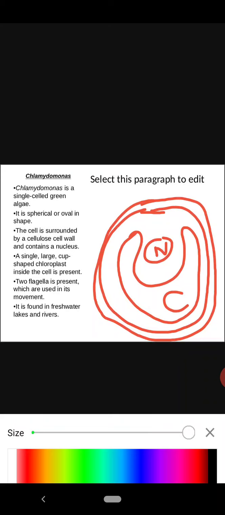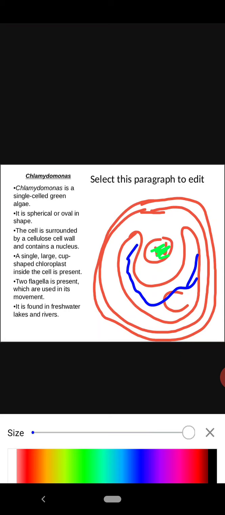Now next, this green is the nucleus and this is the chloroplast. Hope you get this now.